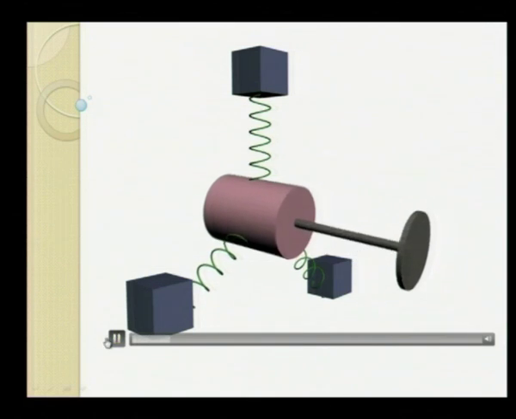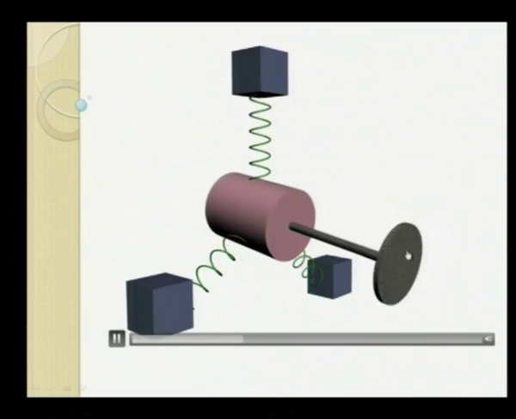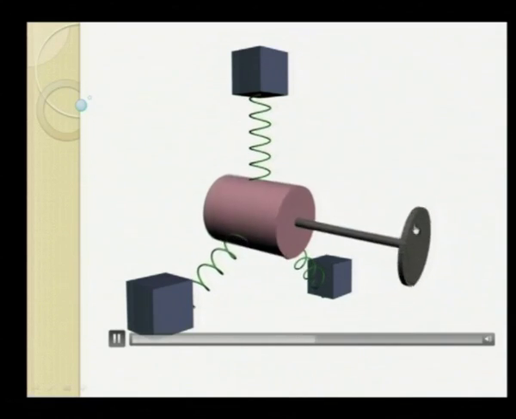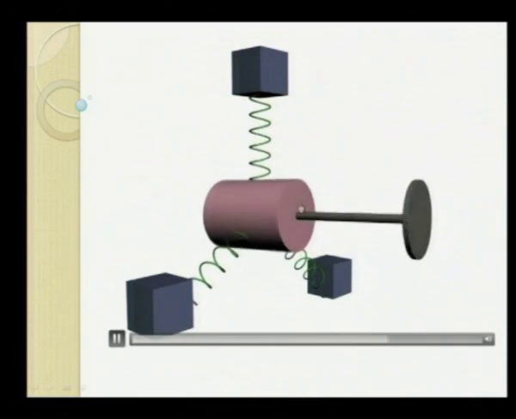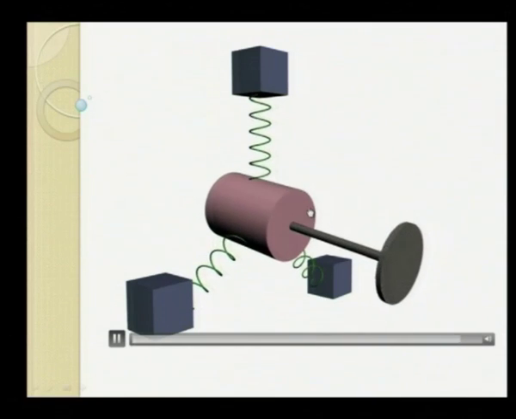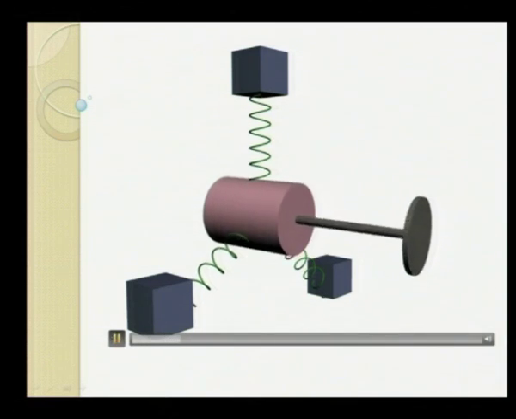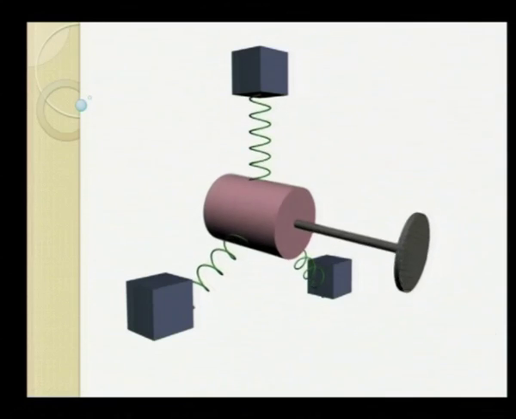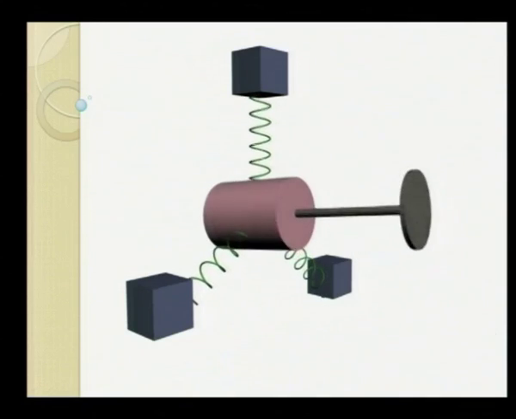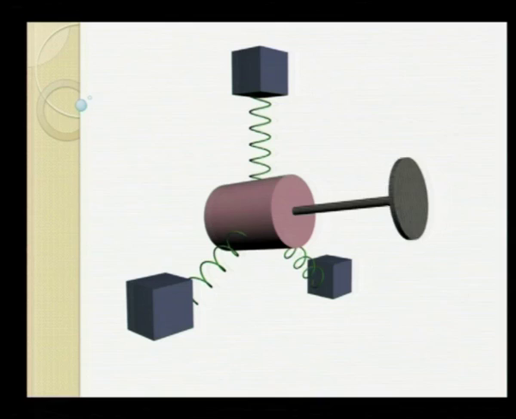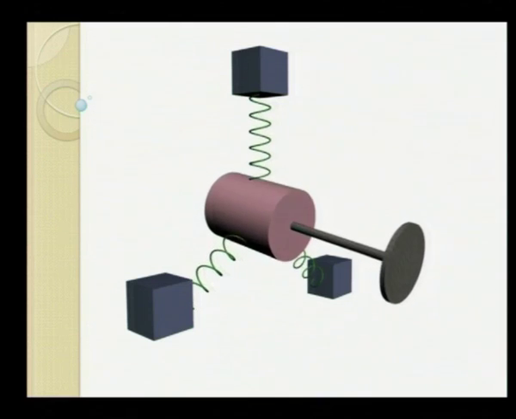Generally the shaft will be rotating at very fast speed, but the whirling of the whole rotor system, along with the motor, will be slow. Again we can see this animation once more. Here you can see the whirling frequency and the spin frequency are different.